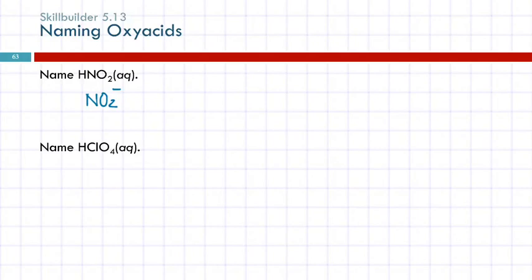What's the name of that one? Well, it's either nitrate or nitrite, right? This is nitrite. So to make the acid, we change the ite ending to us. Nitrous acid. Any questions?